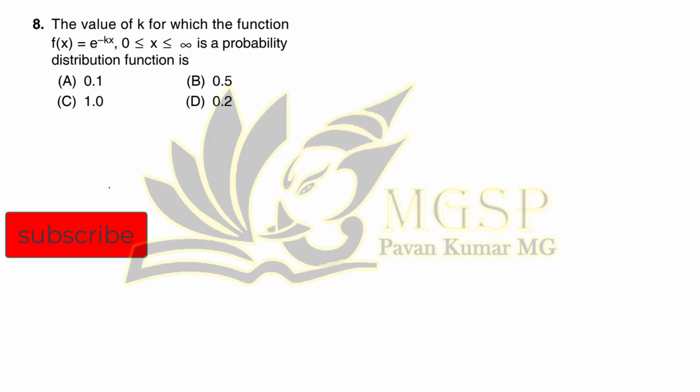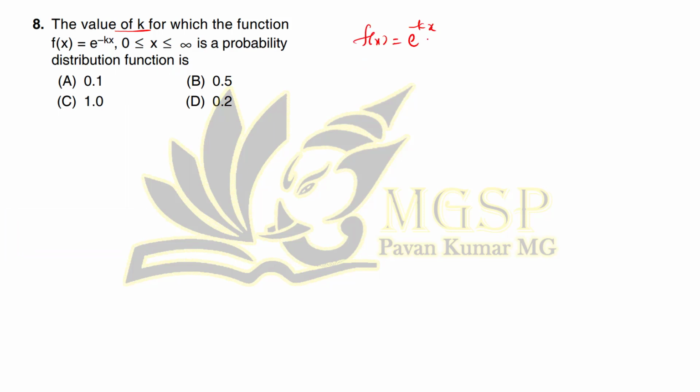Now let's go for question number 8. The value of k for which the function f of x equals e power minus kx, with x from 0 to infinity, is a probability distribution function is. We need to find the value of k here. The given function is f of x equals e power minus kx.